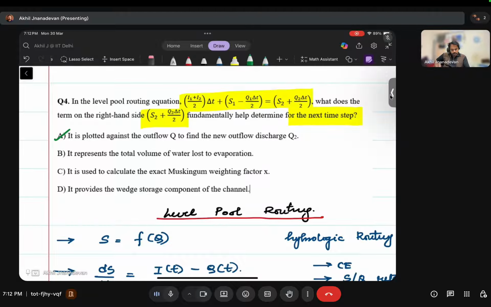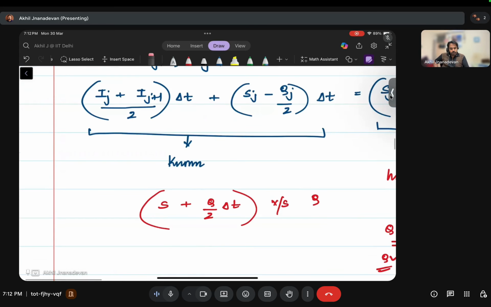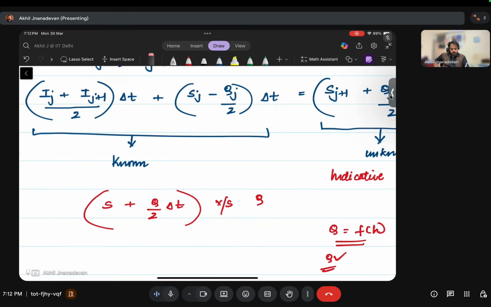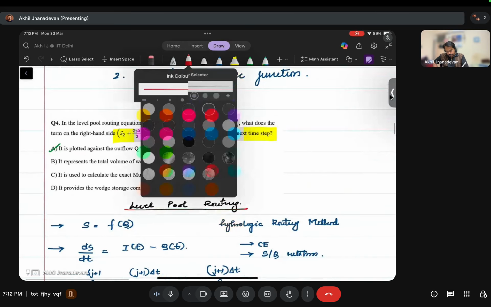Basically this RHS is plotted against Q, or indirectly we can say it is plotted against H, and H we then relate to Q. Or else we can directly relate this with Q, instead of plotting with respect to H. If you plot this with respect to Q, for each unknown value that we derive using the known values, we can get the Q value, that is the outflow at the next time step. So that is the right answer. Remaining are wrong.